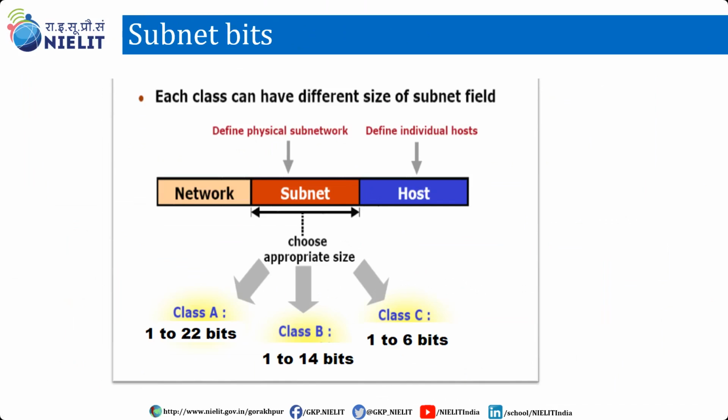At least 2 bits must be available in the host portion. Similarly, in class B, a minimum of 1 bit can be used for subnetting and a maximum of 14 bits can be taken from the host portion. In class C, a minimum of 1 bit and a maximum of 6 bits can be taken from the host portion.